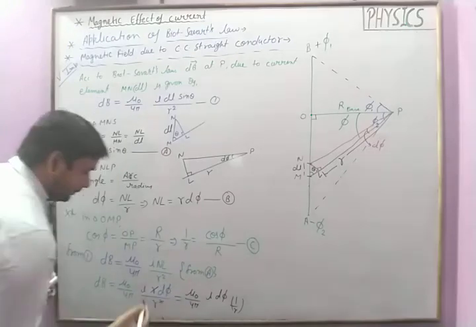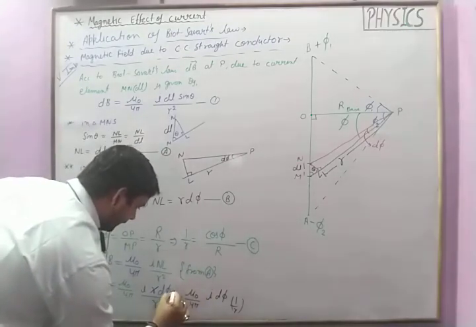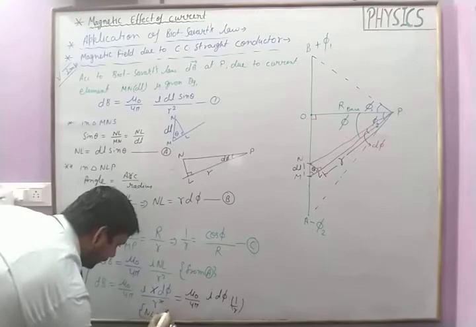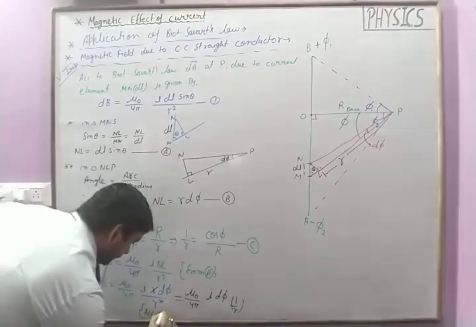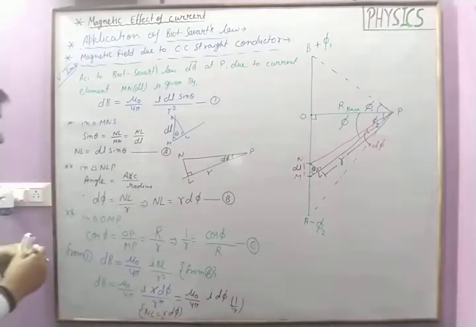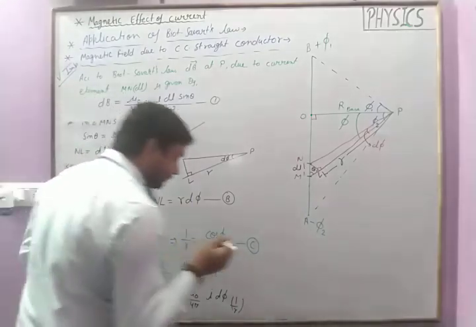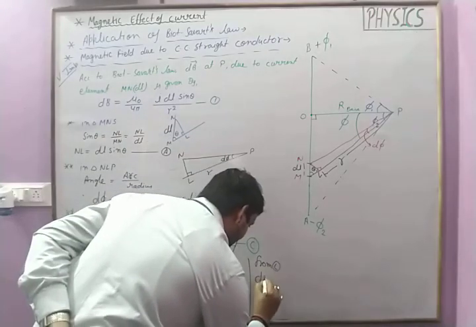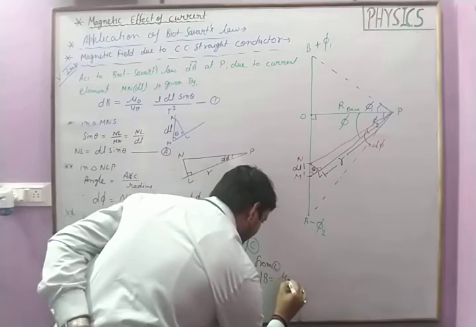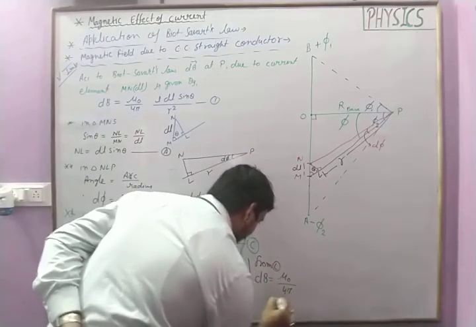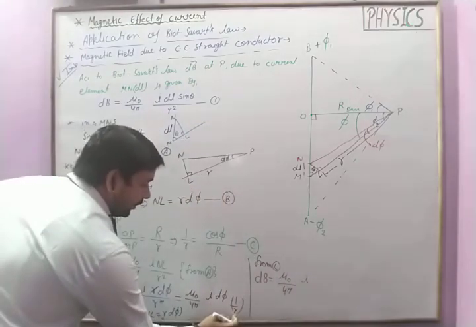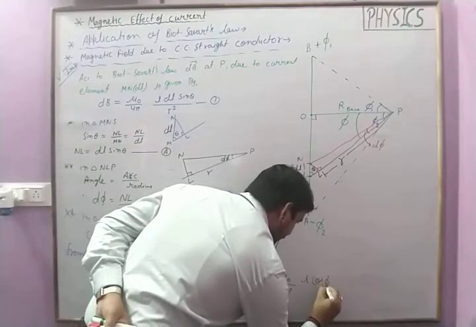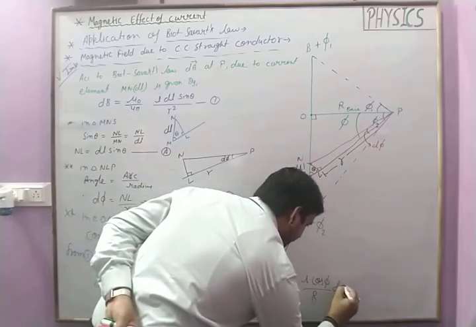Now from this result that came, because NL is equal to R d phi. Okay, now 1 upon R from C, we get dB is equal to mu naught upon 4 pi I, in place of 1 upon R the value we are getting, children, is cos phi upon R, cos phi upon r d phi.